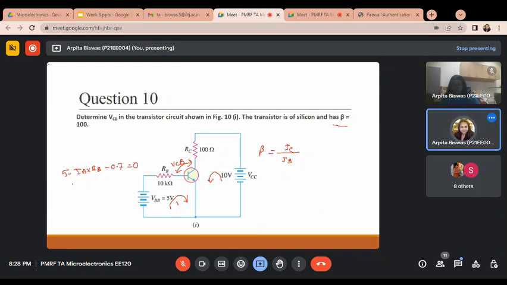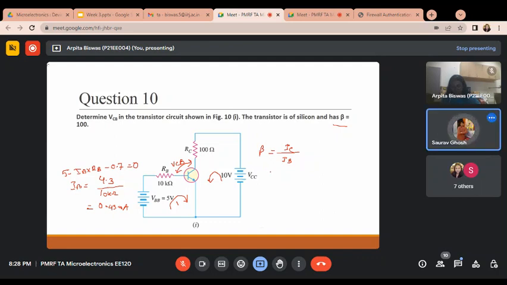So IB equal to 4.3 by 10 kilo ohm. What is the value? I think 0.43 milliamps. Yes. Okay. So now calculate the value of IC.